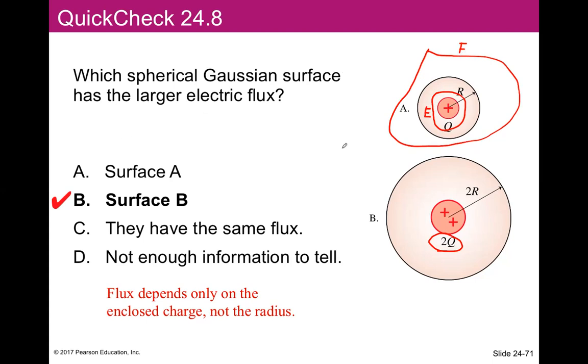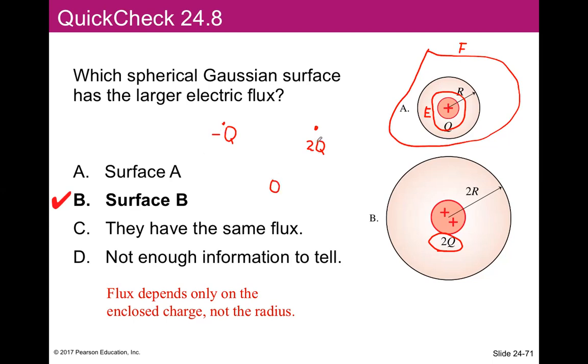Now let me give you another question. You have a Q, let's say here, and then you have a 2Q, double the Q. And then, okay, let's make it more complicated.